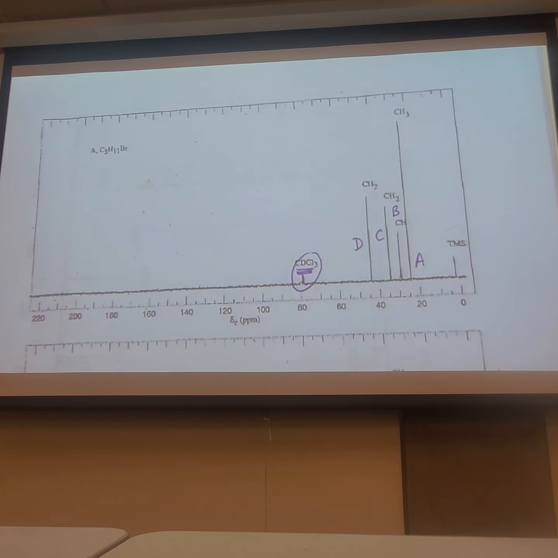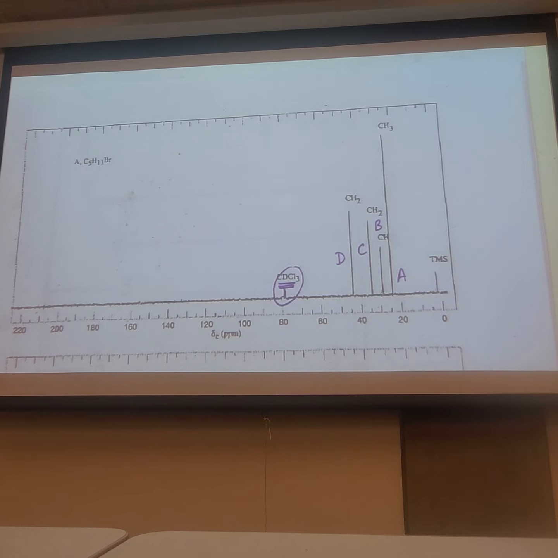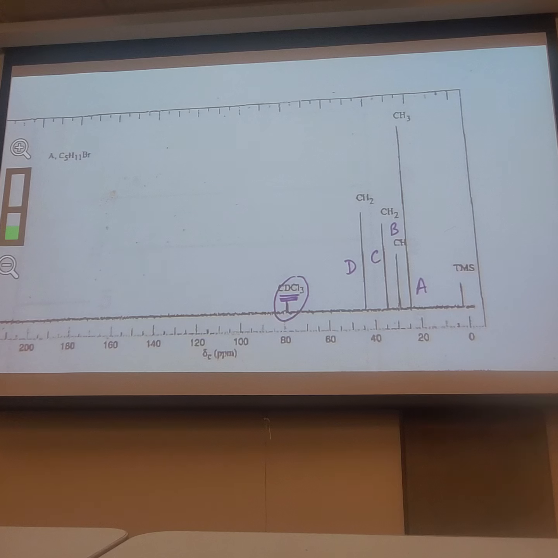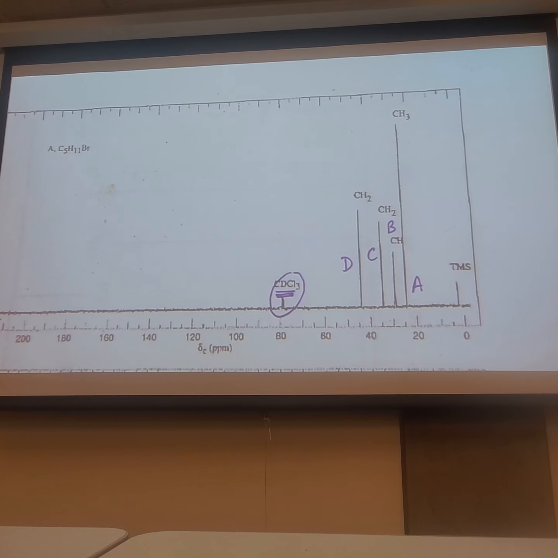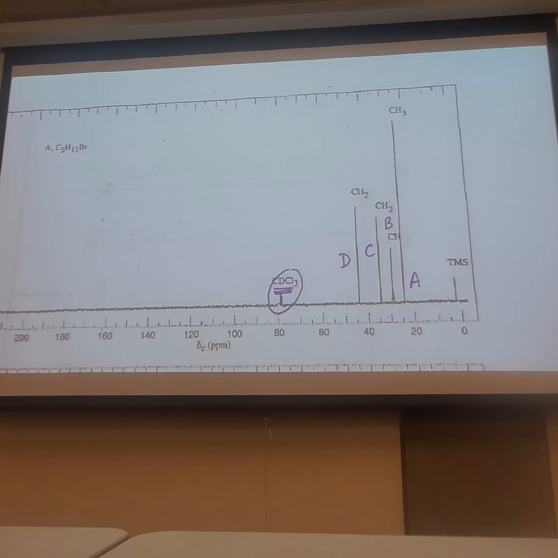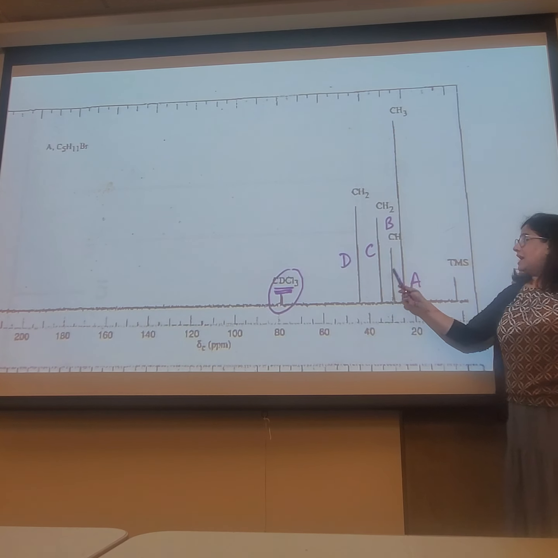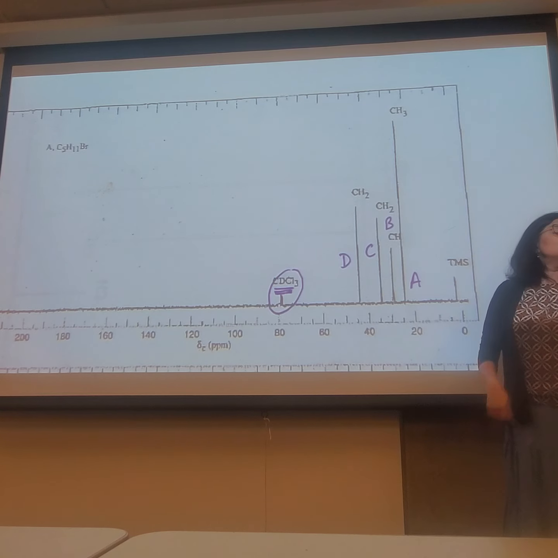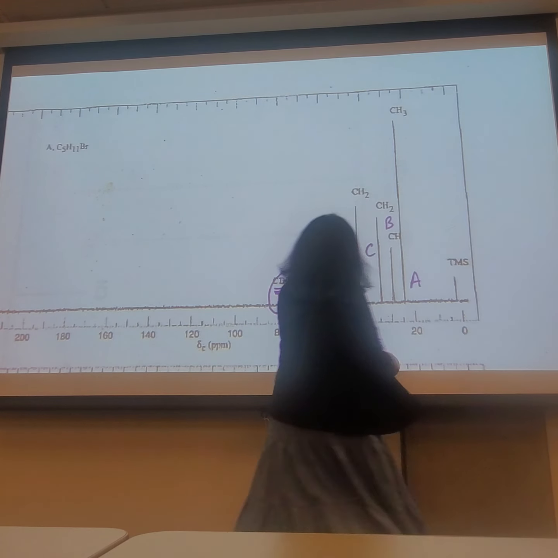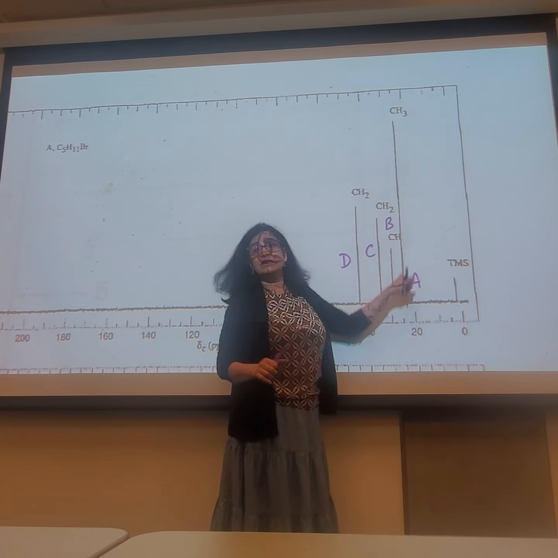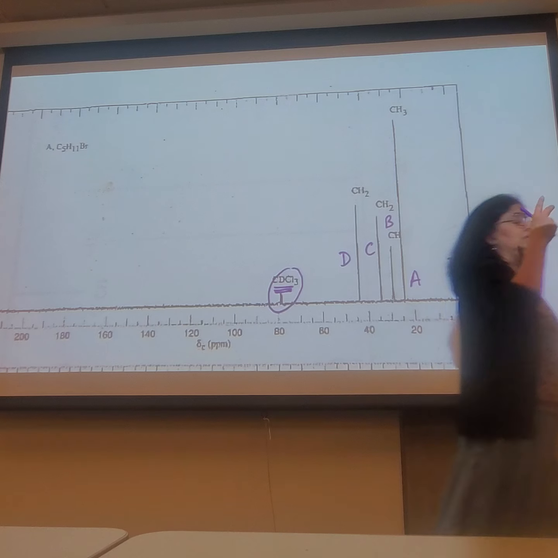So there are 4 signals here, A, B, C, D. Do you guys agree that A is visibly way bigger than any of the others? In those situations, we can make an educated estimation that maybe A is for twice as many carbons as each of the others. If this is 1 carbon, 1 carbon, 1 carbon, then A is for 2 equivalent carbons.